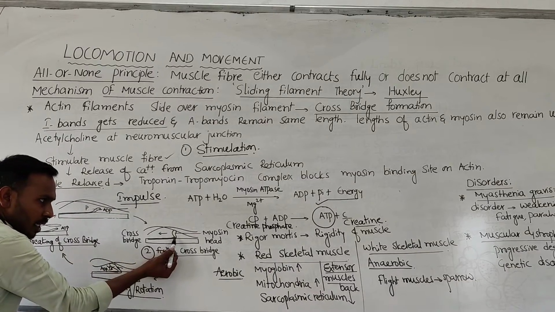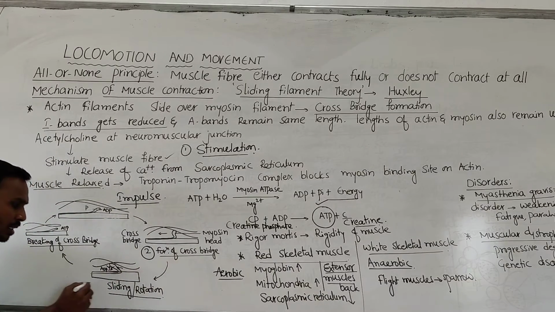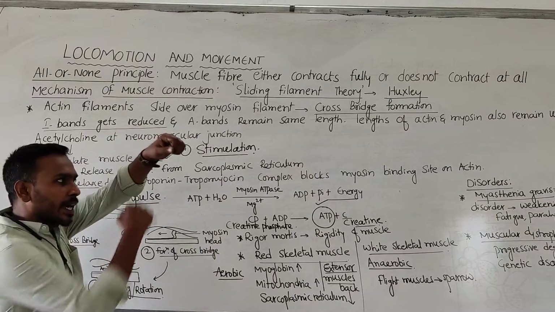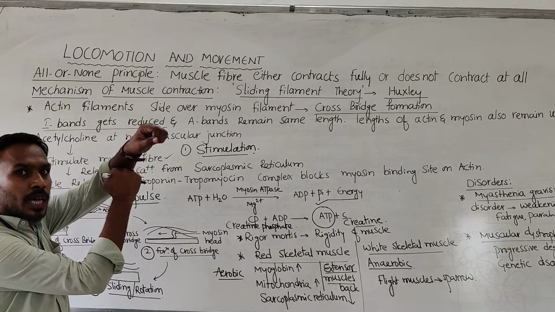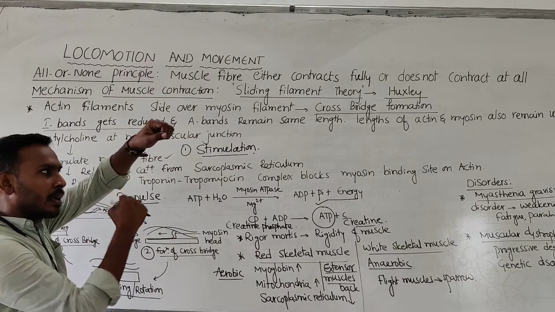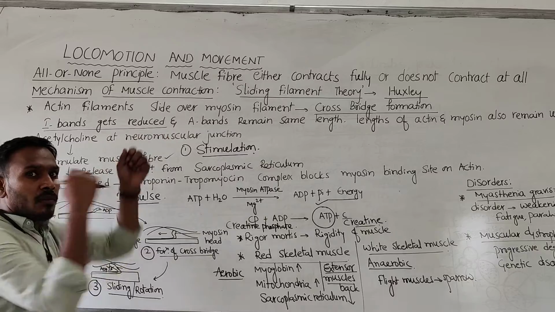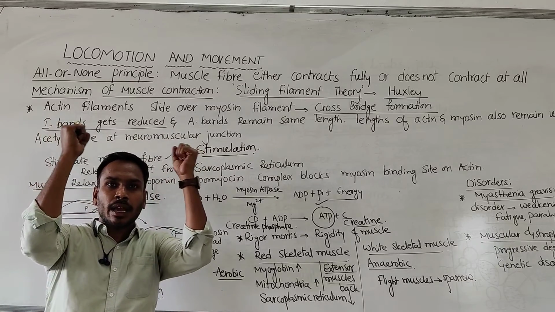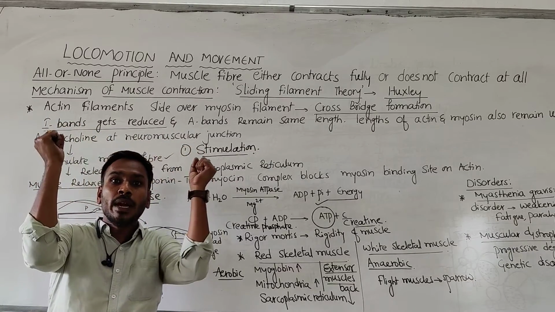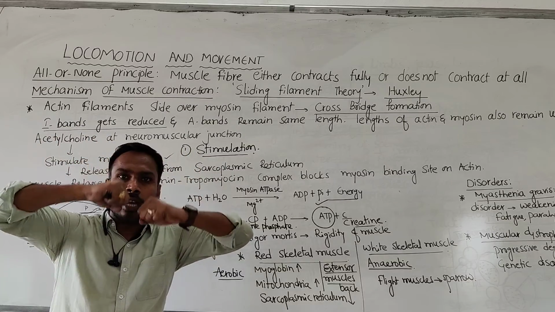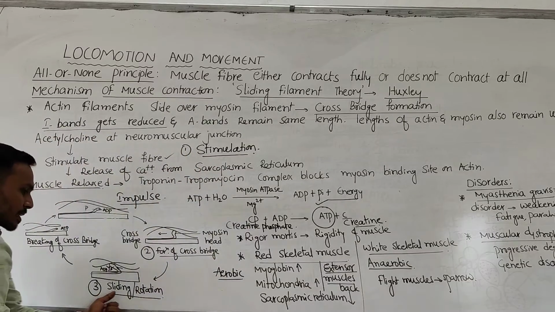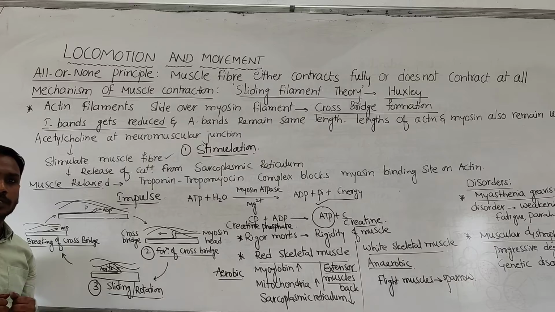After the cross-bridge formation, the third step is sliding or rotation. Whenever the heads attach to the actin molecule, they move inward. They attach like this and move inwardly. This inward movement is called sliding or rotation.